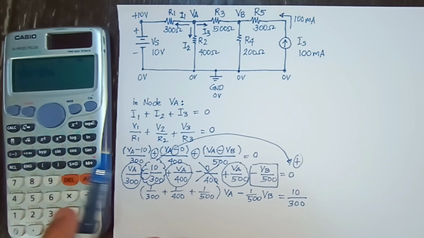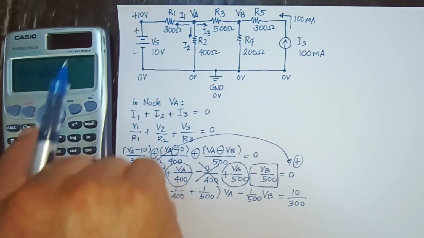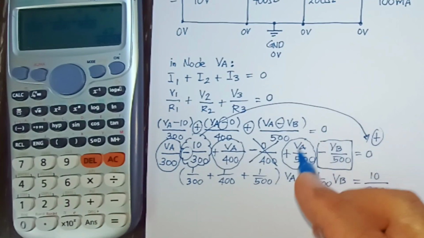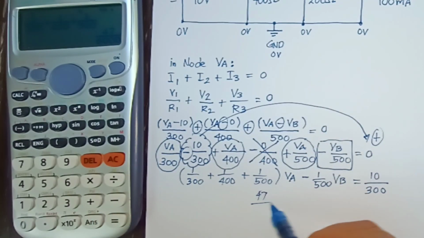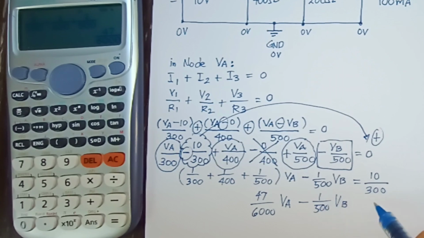What will be our answer here? Let's see. That will be equal to 47 over 6,000 VA minus 1 over 500 VB equals 10 over 300.